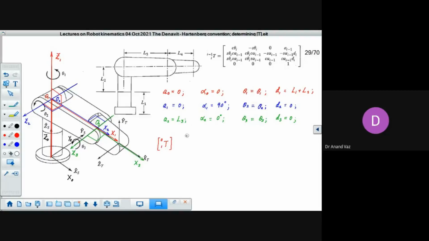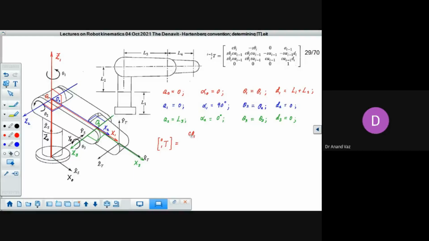So in this case, you have cos of theta 1 in the first element. Here you have sine of theta 1 into cos of 0.